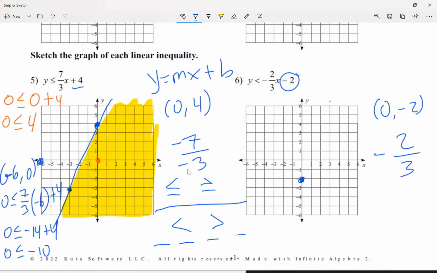Whenever I have a negative sign, I only give it to the top or the bottom, not both. So let me give, in this case, the negative to the top: -2/3. So go down 2 and 3 to the right. I'm going to connect my line as a dotted line in this case.